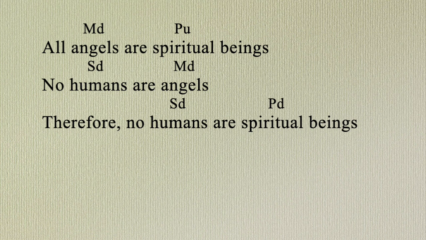Now, notice here that spiritual beings is distributed in the conclusion and undistributed in the first premise. This leaves a gap. I can't get from the premises to the conclusion. It's too far of a leap.